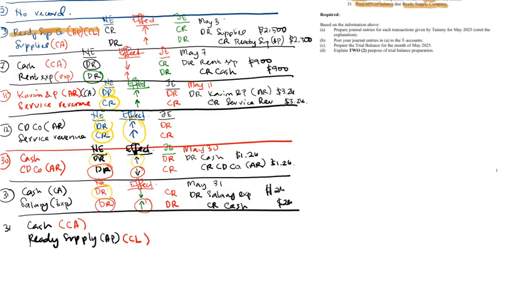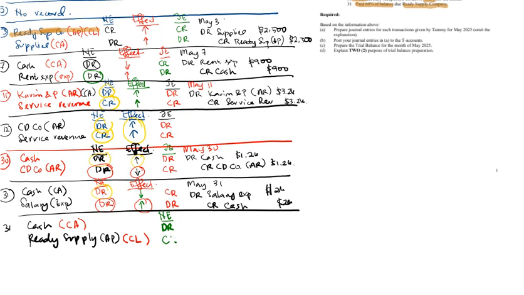So we are going to look at the normal entry for both of the accounts. All cash or all assets are always debit and current liabilities are always credit. So what are we going to do? Look at the effect now.